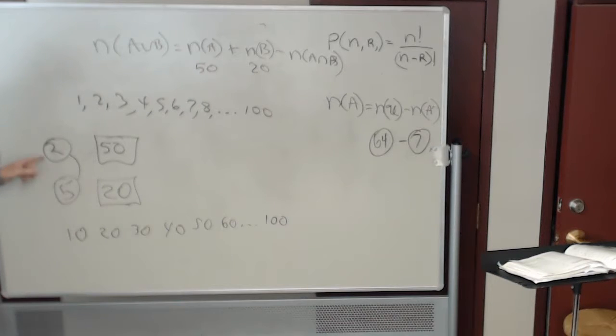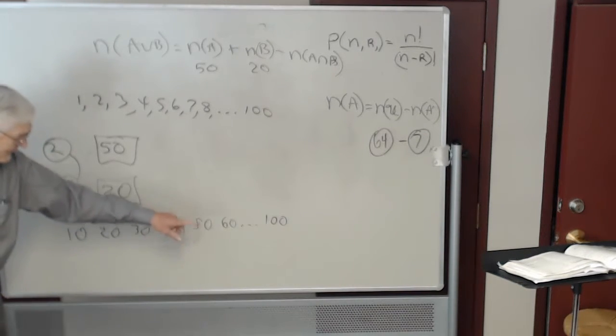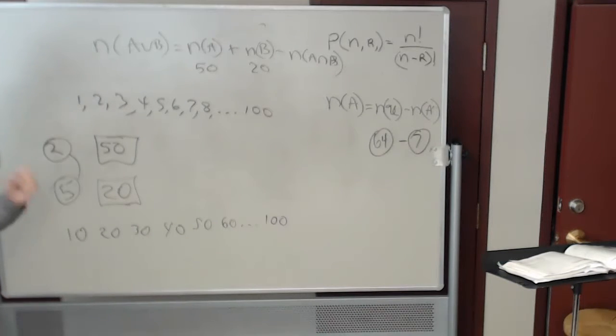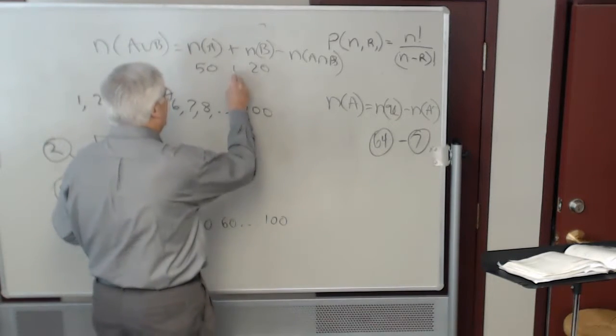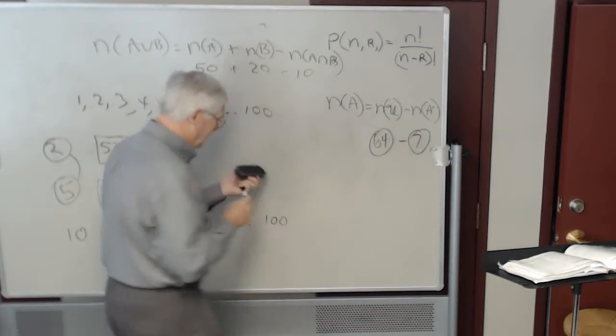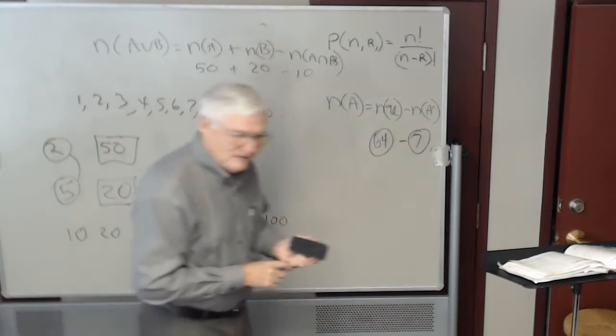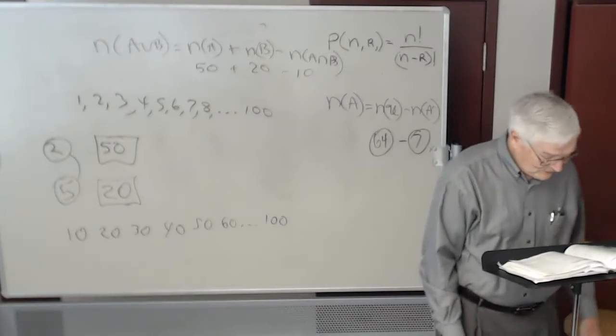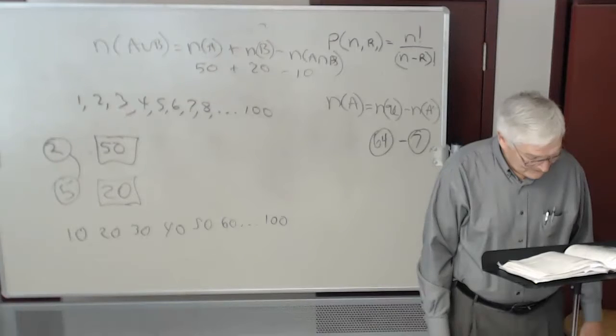Because 2 is in 10, so is 5 in 10. 2 times 5 makes 10, and that would be true for 20 and 30 and 40 and 50 and 60. So how many would that be? 10, 20, 30, 40, 50, 60, 70, 80, 90, 100. What would I put over here? 10. 50 plus 20 minus 10. Is that cool? 60.